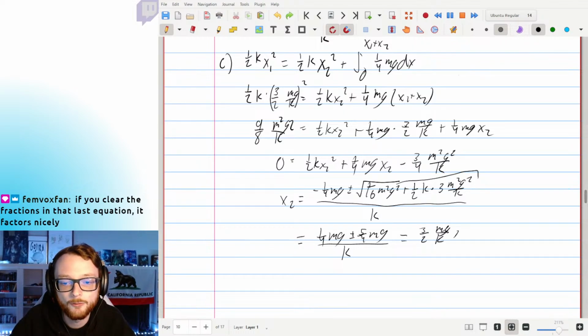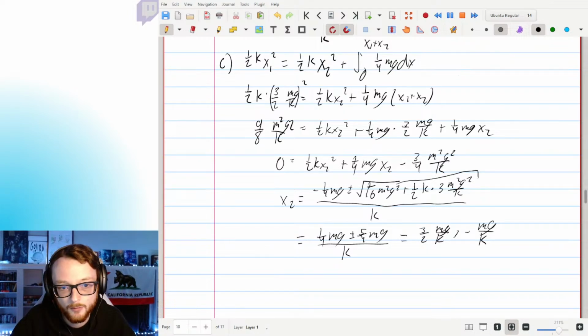We already got this. And if we do minus, so the sign is confusing because we took x. I guess it's good because we took x2 to be a positive number. Well, I don't know.